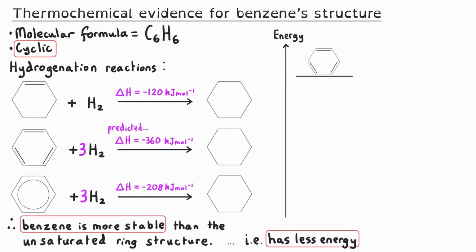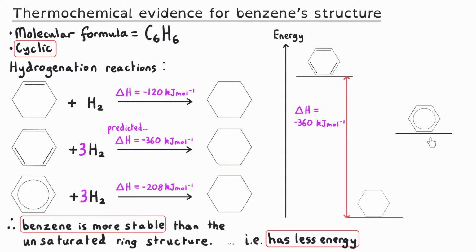If we start with the hypothetical expected hydrogenation, where we've got cyclohexa-1,3,5-triene with a certain amount of energy, when we hydrogenate it, it turns into cyclohexane, and we were expecting the enthalpy change to be minus 360 kilojoules per mole, so very exothermic. When we hydrogenate benzene, we find out that the enthalpy change is less, minus 208 kilojoules per mole.